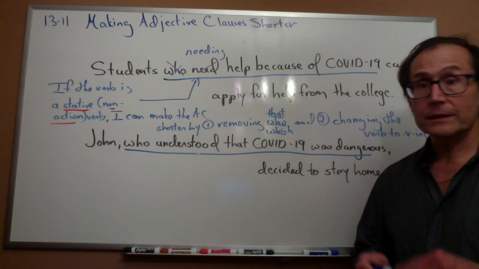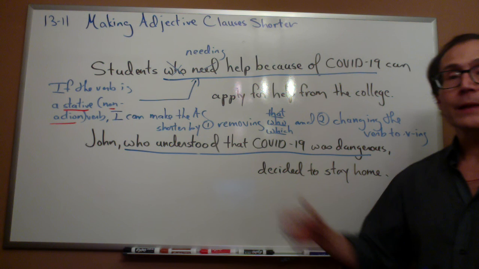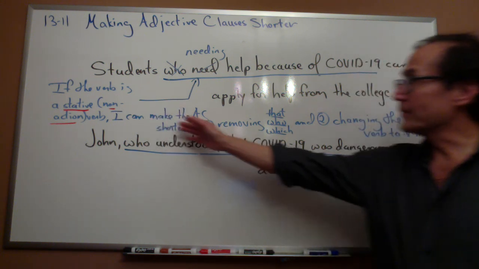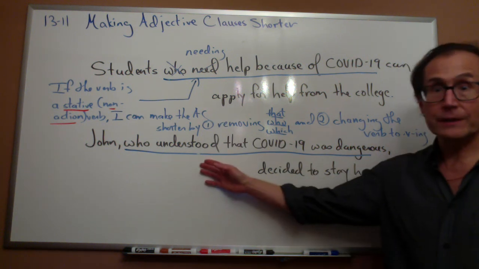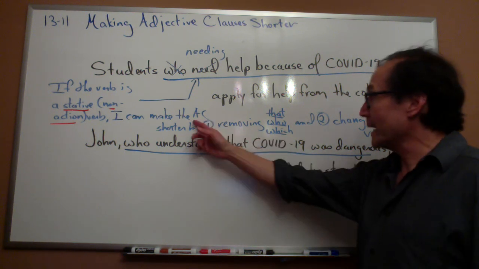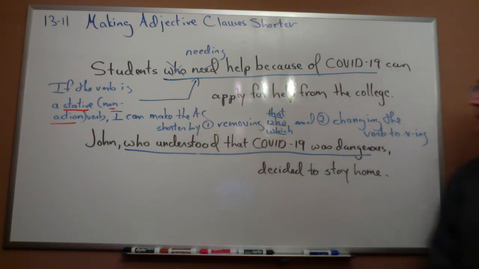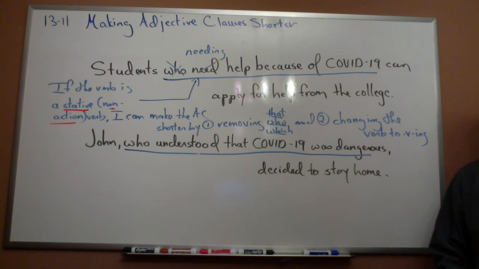You can talk to them about it and see what each of you thinks. How do I make this shorter? So remember the rule here. If a verb is a stative or a non-action verb, and understood is a non-action verb, I can make the adjective clause shorter by 1, removing that, who, which, and 2, changing the verb to ing. So do that, please. You can pause the video.